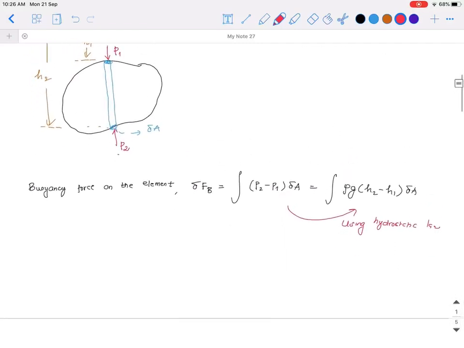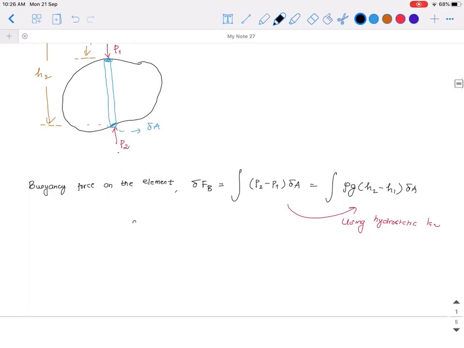So delta FB would be rho g times h2 minus h1 times delta A. Okay, I have made a mistake in convention. Sorry, when we talk about the buoyancy force on the element, the integral will not come.